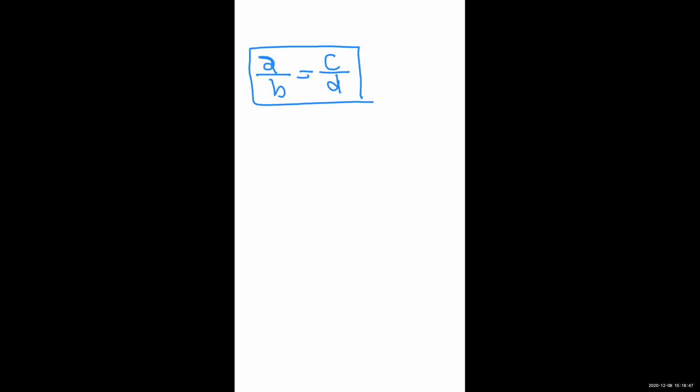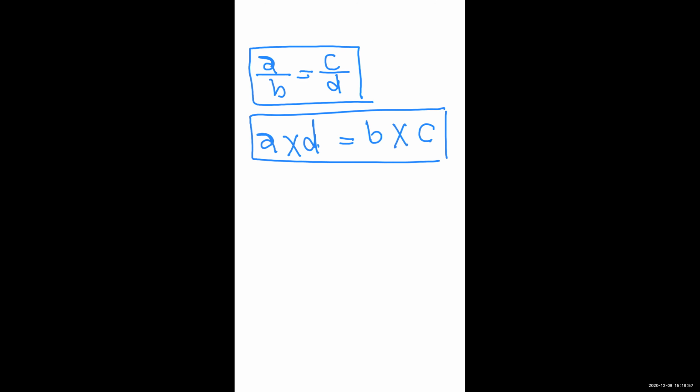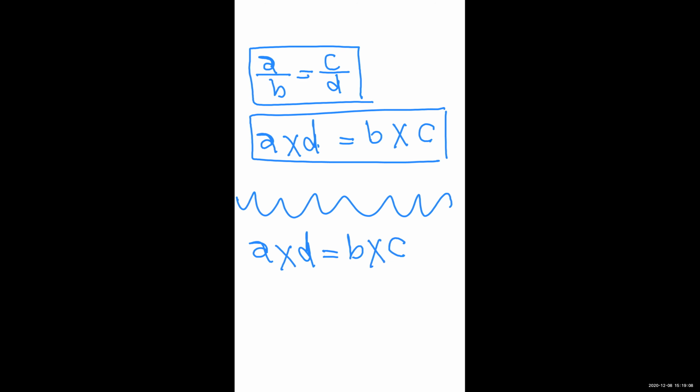So this means A times D equals B times C. Now, a new point. If it becomes like this, A times D equals B times C, then I can get A over B and A over C and so on.